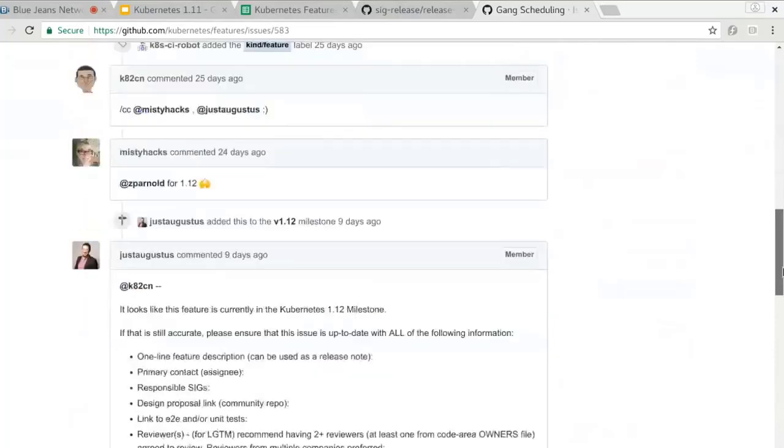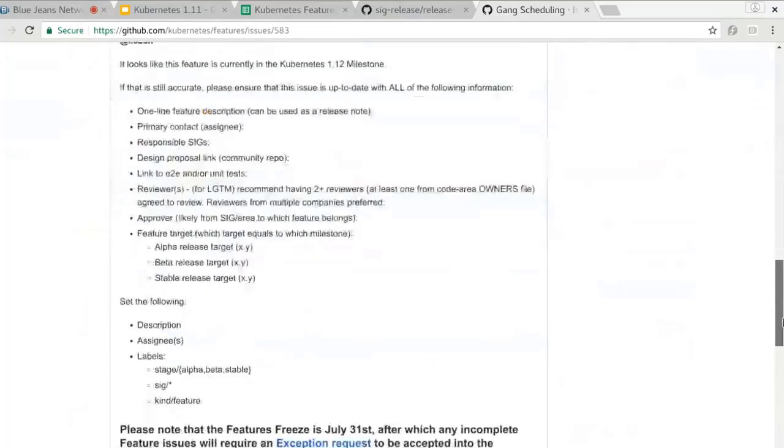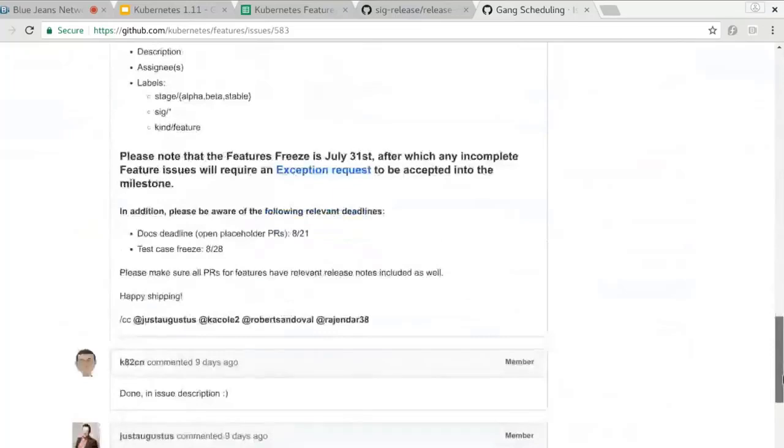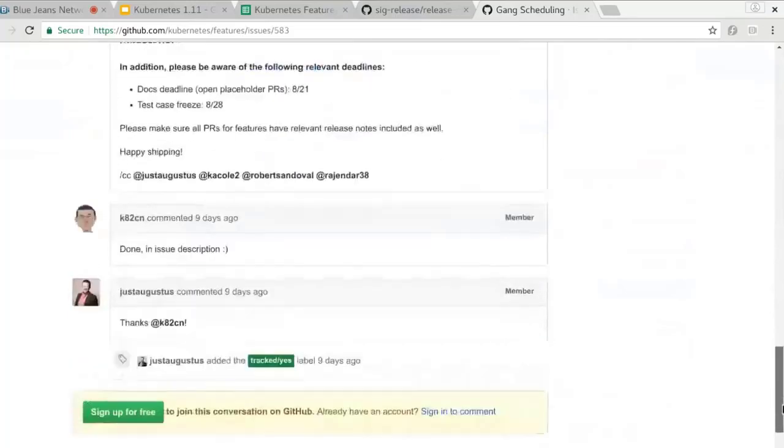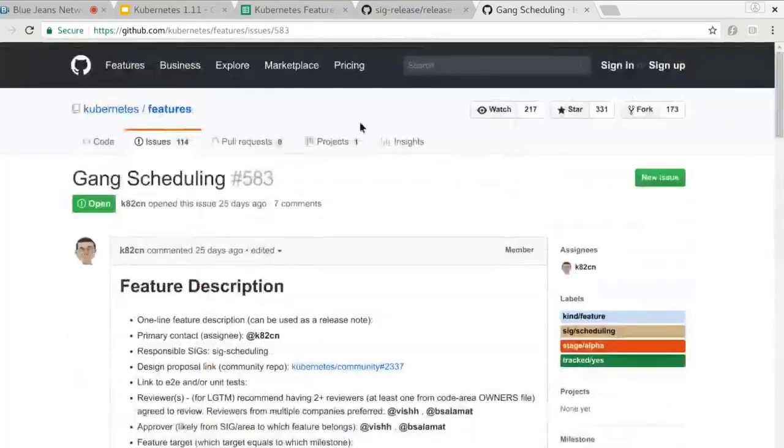Everyone who submits a feature to this repo is expected to provide a requisite amount of data, including whether or not there are docs or tests, where the proposal lives, what the expected timeline is, and how it moves through different stages. You can also see these brown labels for the SIGs that own each of the features. So you would actually look at one here.